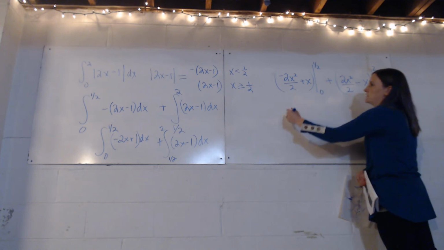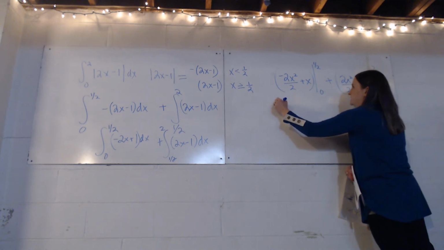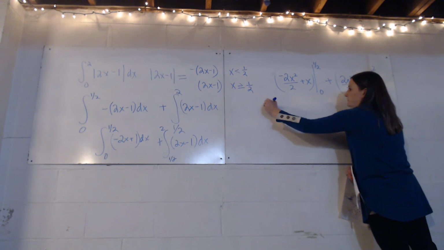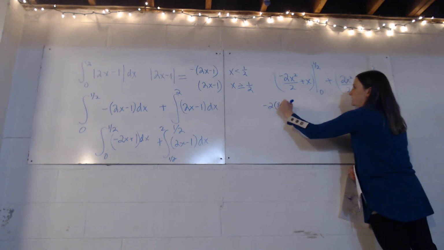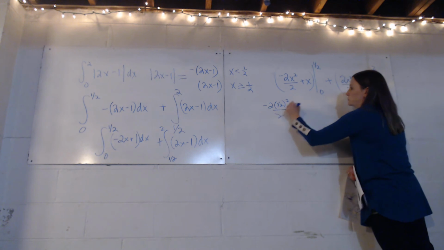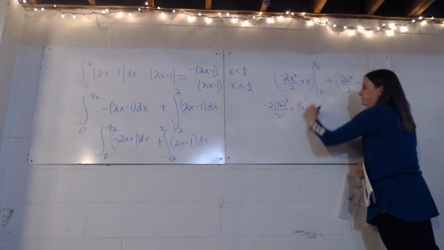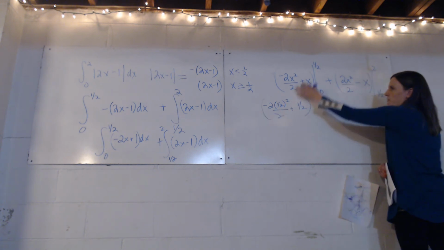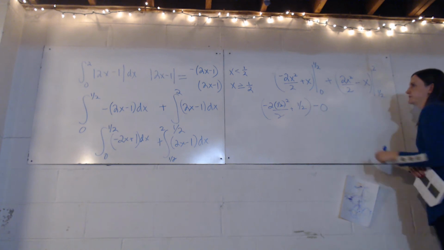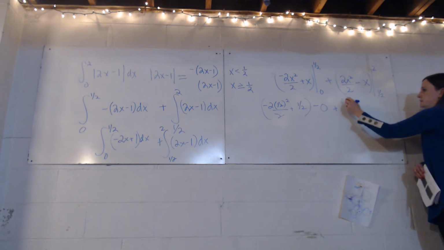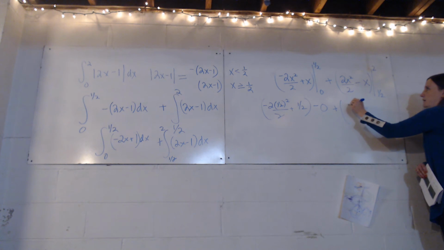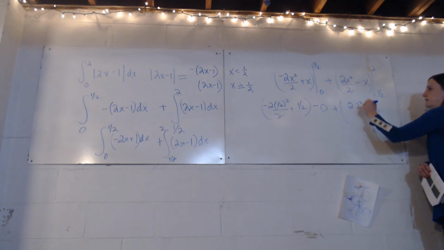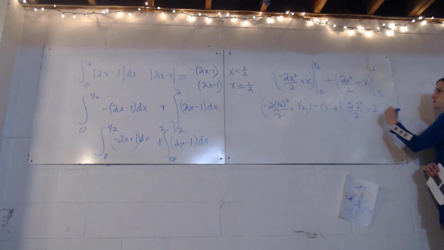And so when I put the numbers in, this ends up being negative 2 times 1 half squared over 2, plus 1 half, minus, when I put 0 in, it's just 0 for everything, plus 2 times 2 squared over 2 minus 2.